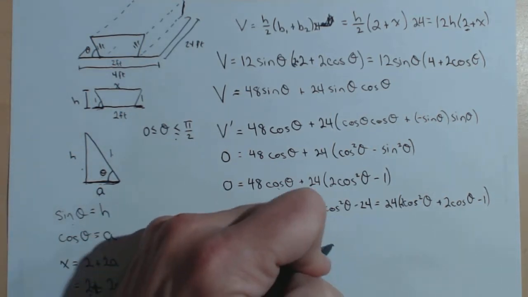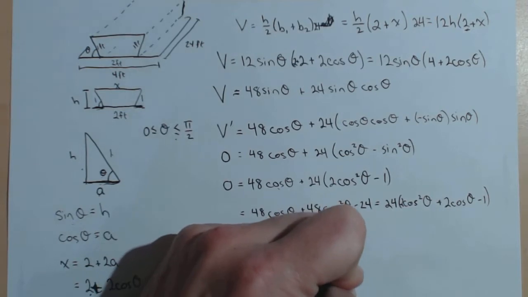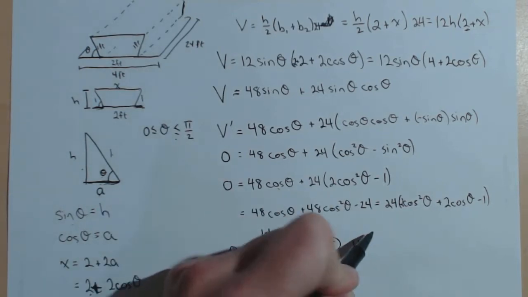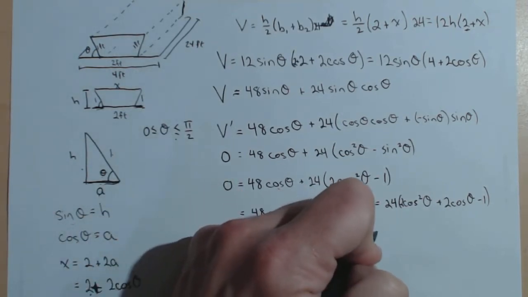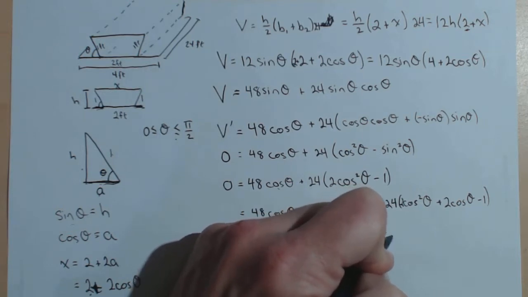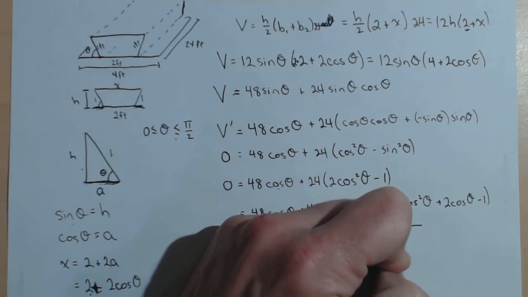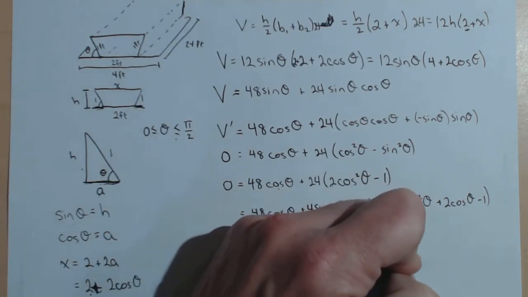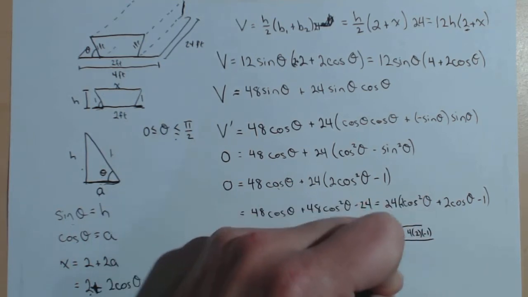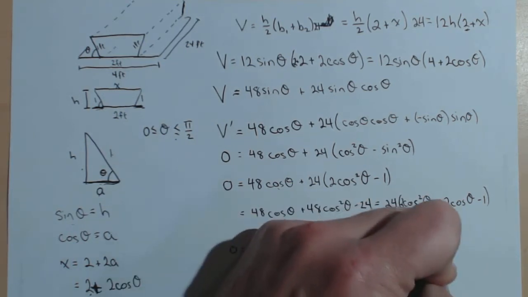This can be solved with the quadratic formula. So u equals negative 2 plus or minus the square root of 2 squared, so 4, minus 4 times a, which is 2, times c, which is negative 1, all over 2a.